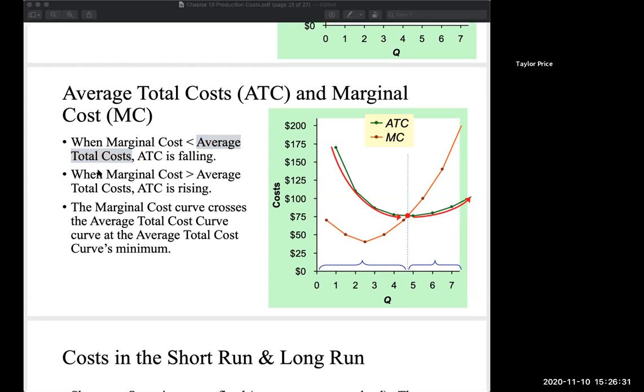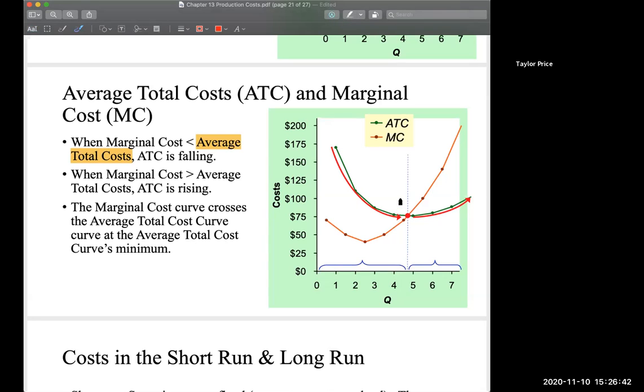So basically what that means is that the average total cost is decreasing. And so you know that you are at, let me circle it, this point of the graph, or on this side of the graph, because average total costs are greater than marginal costs. And because of that, you know that average total costs are decreasing.